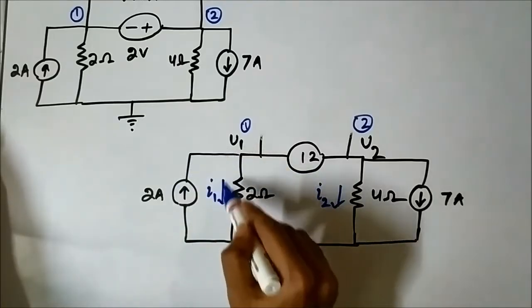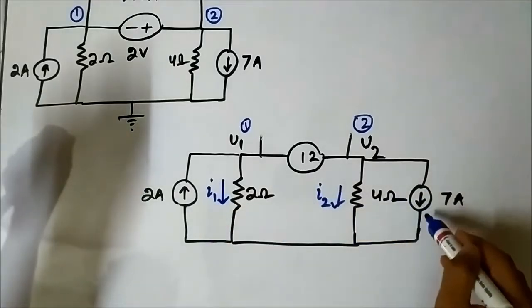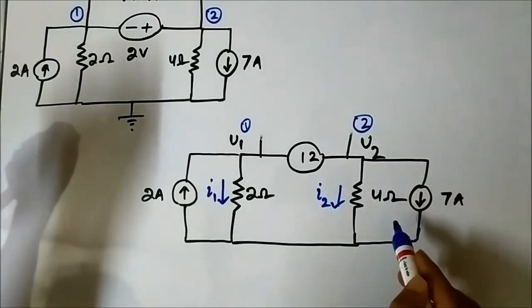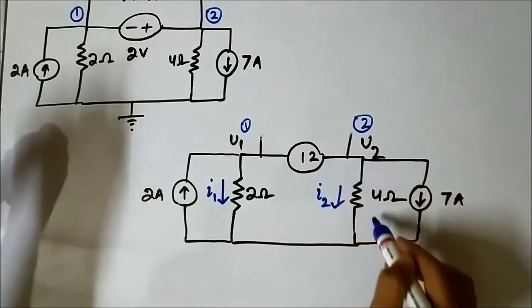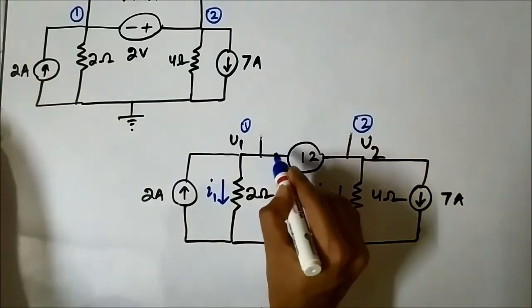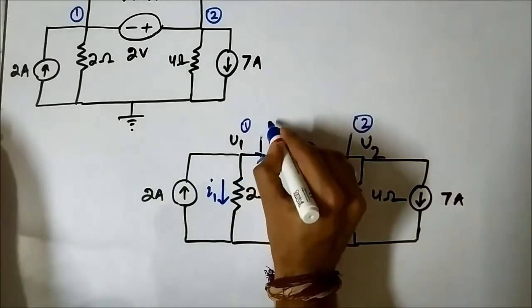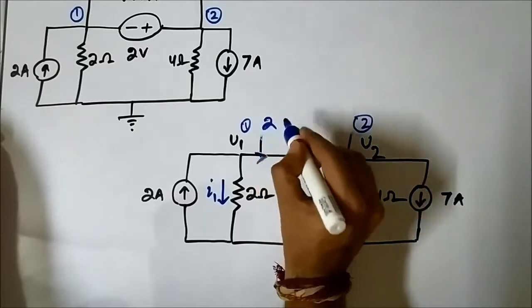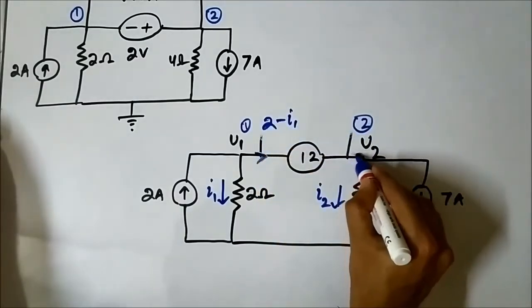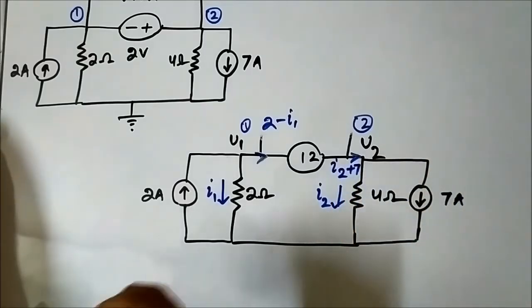I1 is exiting, moving away from the supernode. Similarly, 7 ampere and I2 are moving away from the supernode.